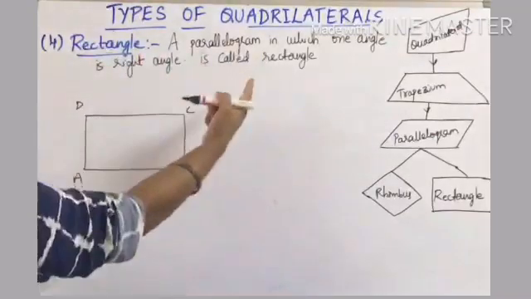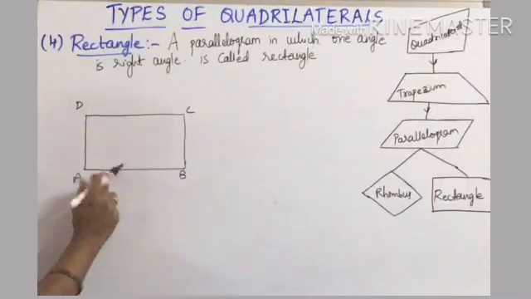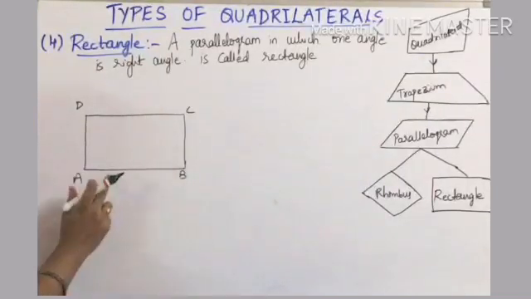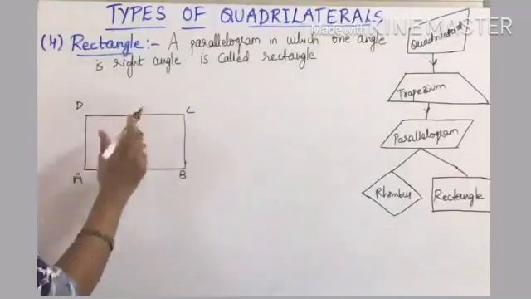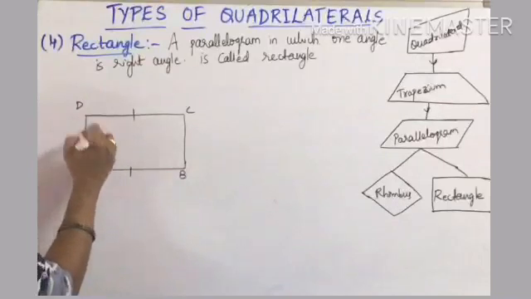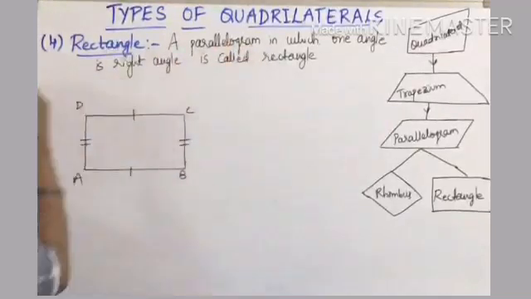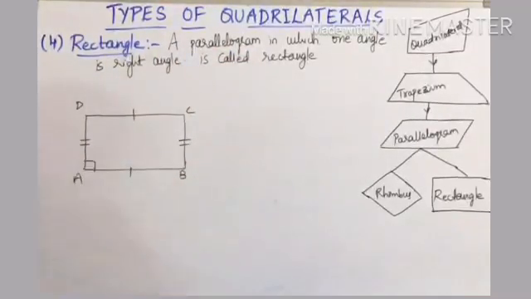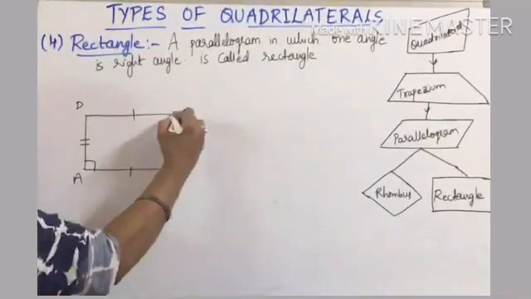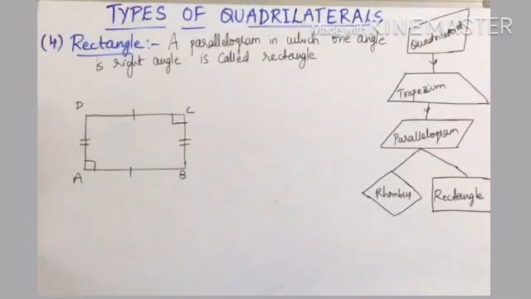So it is like parallelogram. See, what are the properties of parallelogram? Opposite sides are equal. In rectangle also AB and CD are equal. Like in parallelogram, here AD and BC also equal, right? Now a parallelogram in which one angle is 90. So if it is 90, then what about C? C will also be 90 because in parallelogram opposite angles are equal.